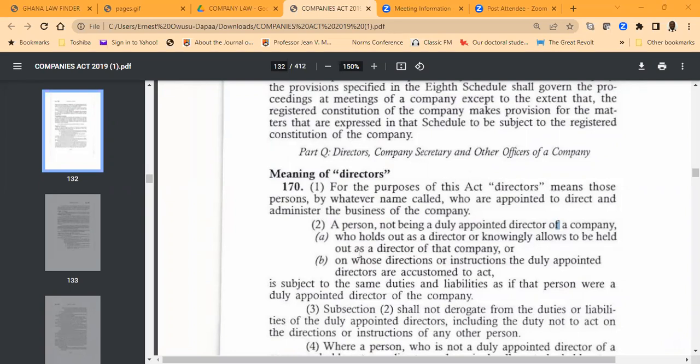Where directors default in carrying out their duties, in carrying out their obligations, what remedies are available to the company? What remedies are available to individual shareholders or members as it were? So these are the matters that we'll be exploring in this particular lecture.